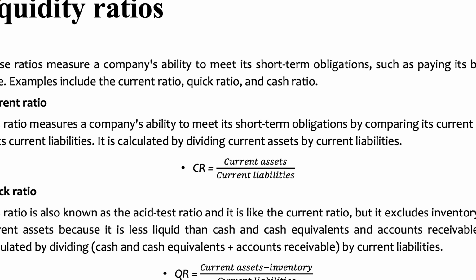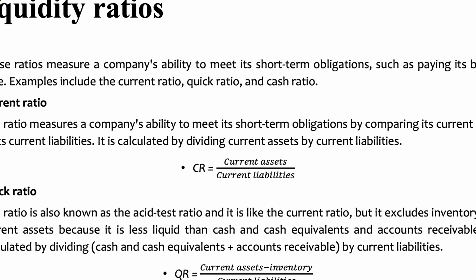Mind you, current assets are assets that the firm uses within a year, while current liabilities are liabilities that the firm must meet within a year. So that is why for liquidity, we normally meet our current obligations from the current assets. So for the current ratio, we compare current assets all over current liabilities.